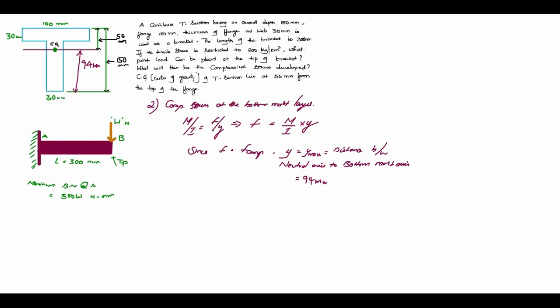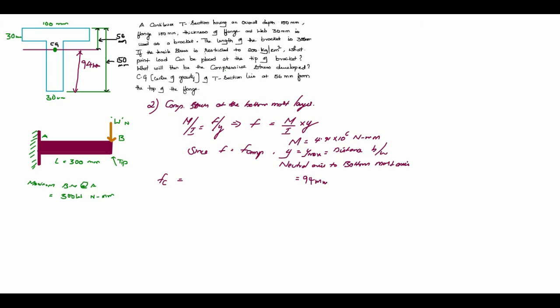Of course, we know what is the value of I. So now calculate this F C. What is the value of M? We have already calculated it in the above point, which is equals to 4.91 into 10 to the power of 6 Newton mm. This is the maximum bending moment that is allowed in any case, right?